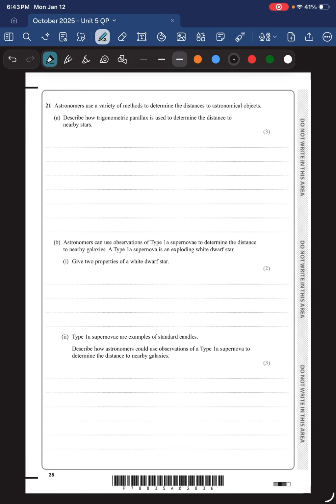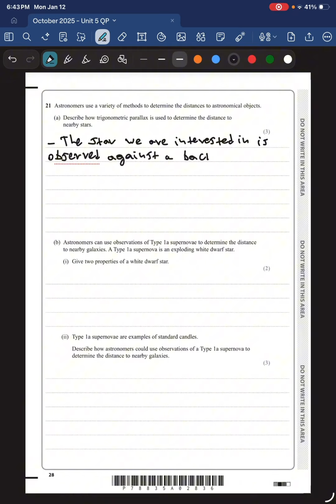So the answer in words is that the star we are interested in is observed now against a background of stable stars, and again in a 6-month interval.